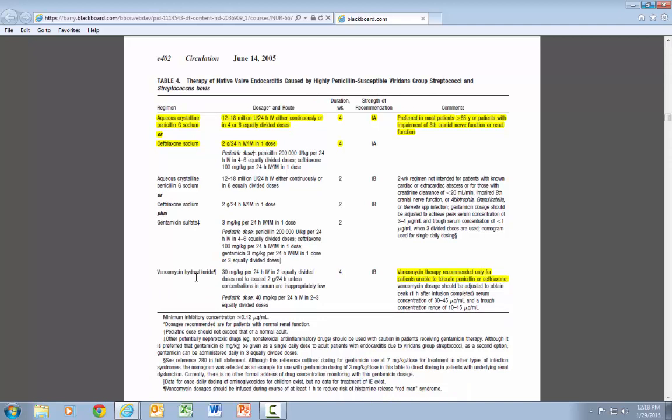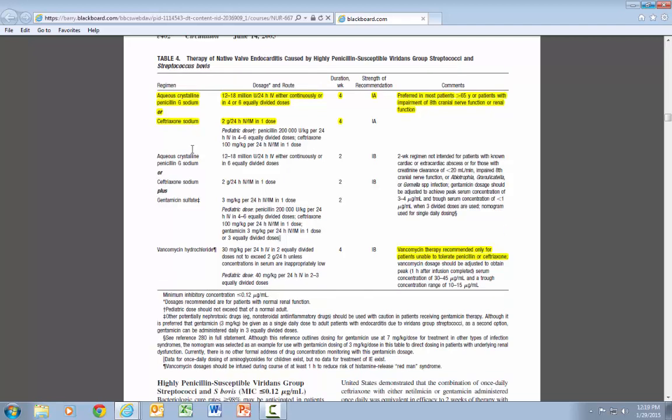Even though vancomycin could be used, I highlighted here that vancomycin therapy is recommended only for patients unable to tolerate penicillin or ceftriaxone. So all the time, your penicillin or your ceftriaxone, Rocephin, 1 dose is enough. If you're using penicillin G, it has to be for at least 4 to 6 weeks.